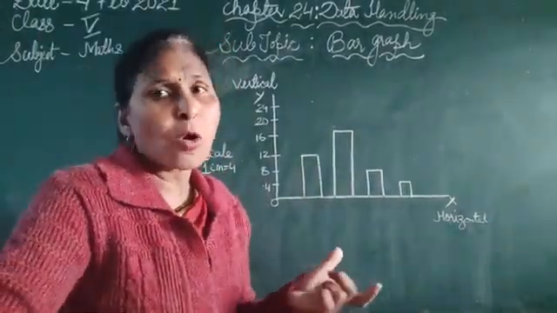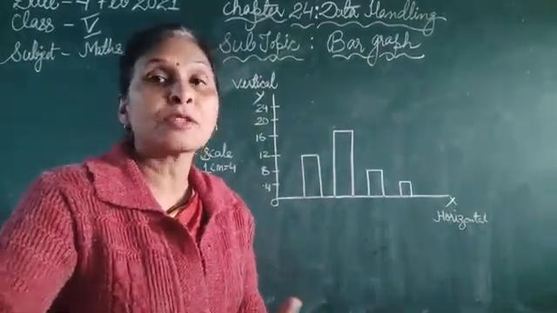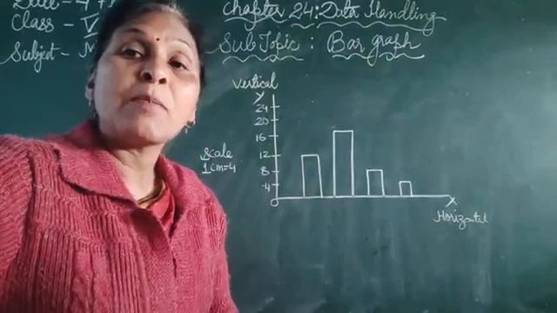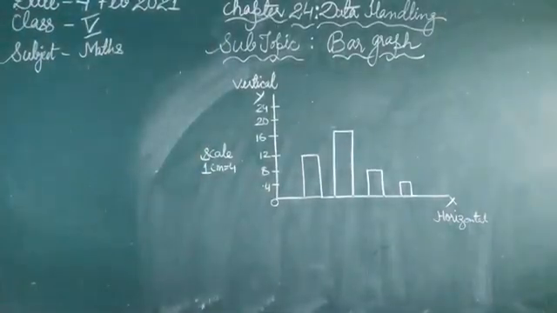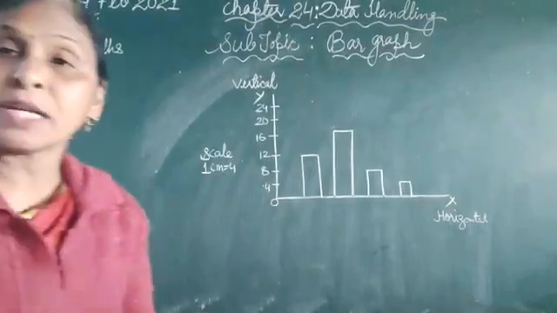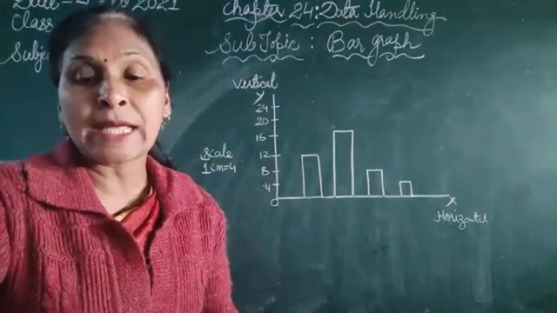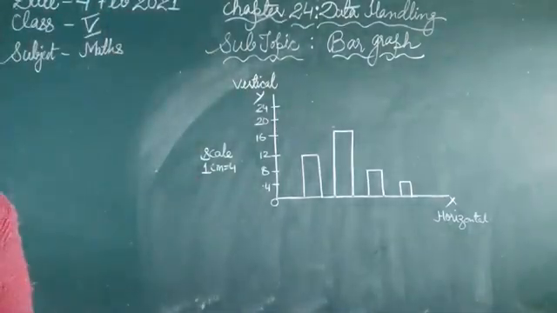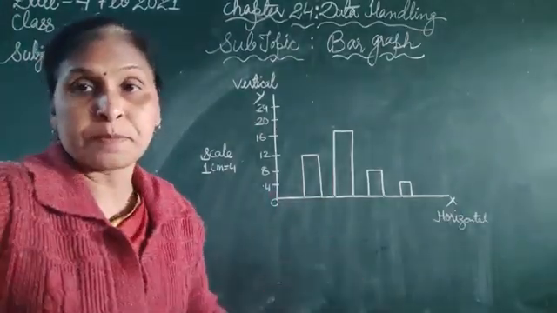The height or length of each bar depends on its numerical data. The bar graph uses a scale, which is simply a relation between unit length and the number of objects it represents.